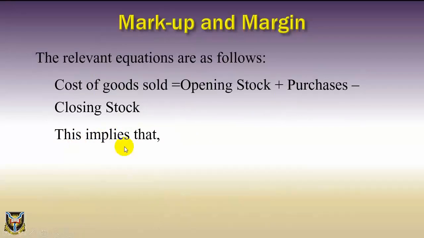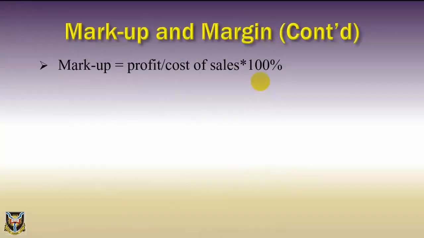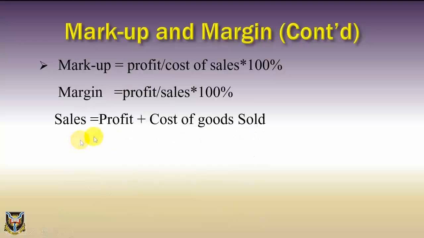This implies that purchases is equal to cost of goods sold plus closing stock minus opening stock. 2. Markup is equal to profit over cost of sales times 100%. 3. Margin is equal to profit over sales times 100%. 4. Sales is equal to profit plus cost of goods sold.